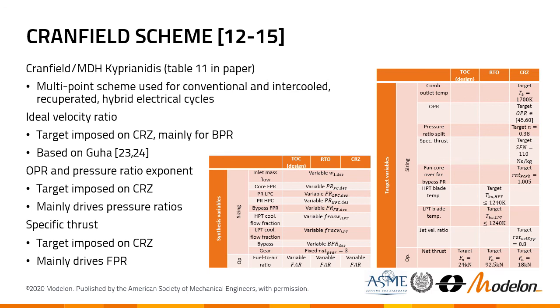The main features are the use of an ideal velocity ratio, originally based on Guha, OPER with a pressure ratio exponent to define pressure ratios, and the specific thrust. To the right, we see the synthesis matching table and the suggested notation. Note that this was split into two parts due to screen space constraints.